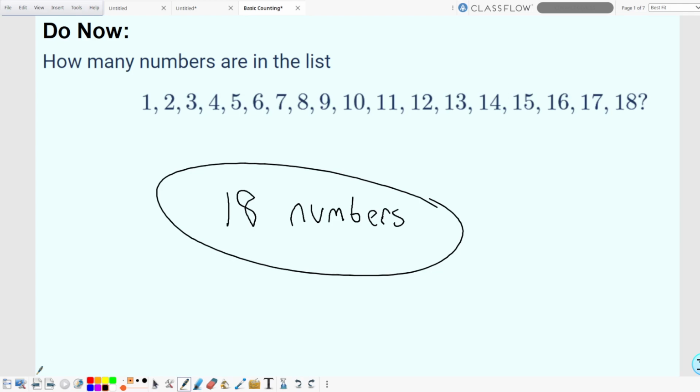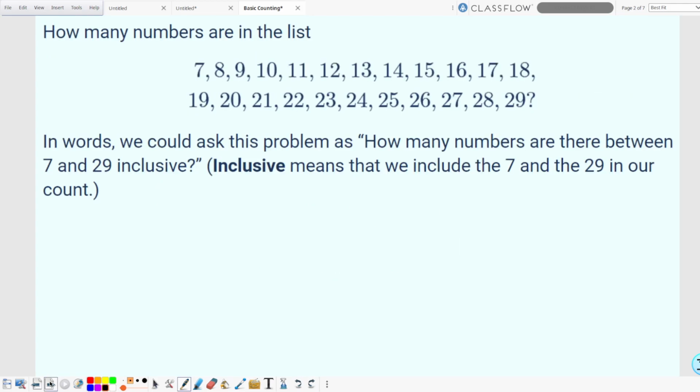The simplest version of a counting problem you can get. So what if we could take this problem and convert it into an easy problem like that first one we have? What I mean by that is, let's look at the first couple numbers.